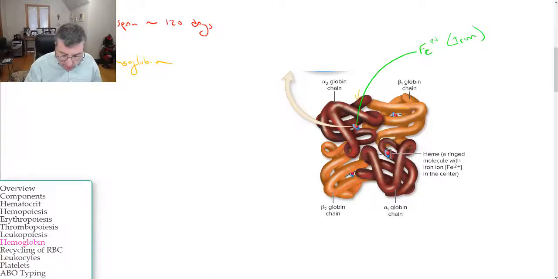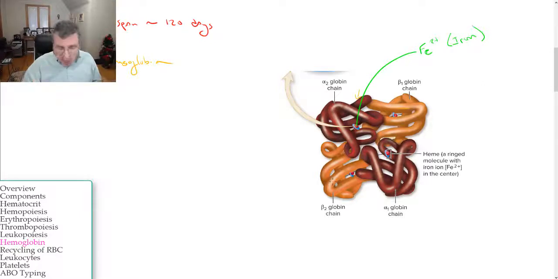Each hemoglobin molecule has 4 globin proteins, each globin has a heme in the center, and each heme has an iron molecule on it, and that is what binds to the oxygen. So my question now: how many oxygen molecules can bind with each molecule of hemoglobin?